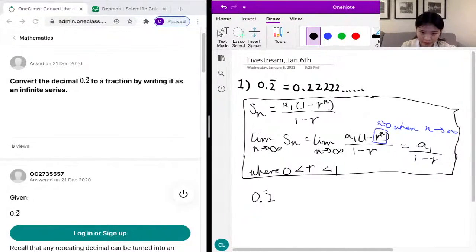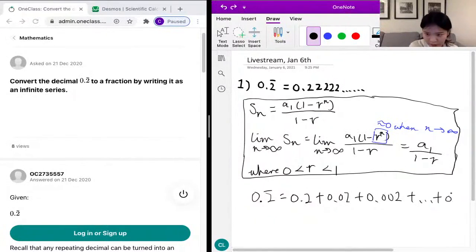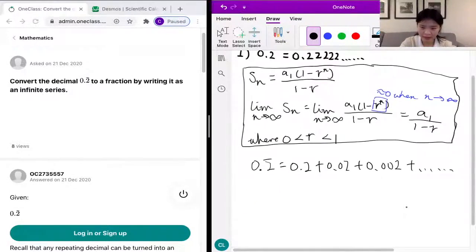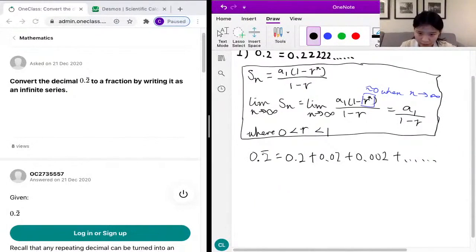We know 0.2222 is equal to 0.2 plus 0.02 plus 0.002 plus and so on. I'll just write it like this, and we know the idea of it.